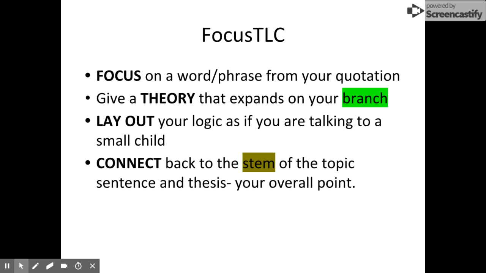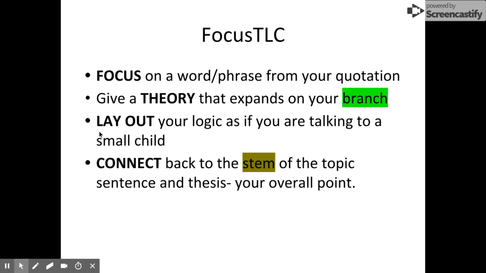You often re-quote from your quote or put that phrase in your own words, but refer back to it. So basically, you're focusing your reader's attention, and then you finish up that sentence by giving a theory, and usually that theory relates back to your branch, the small point that you are developing in that paragraph, the point specific to the paragraph.